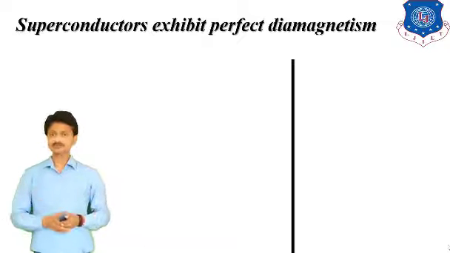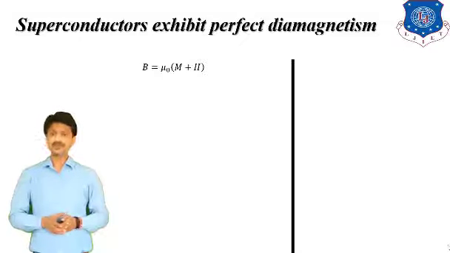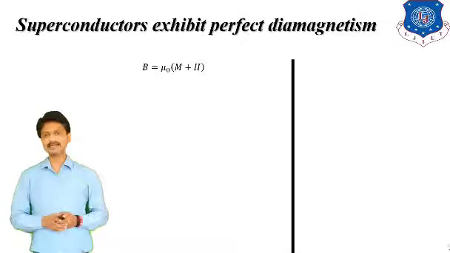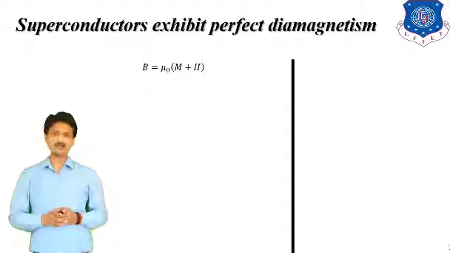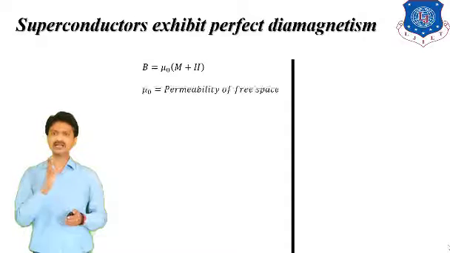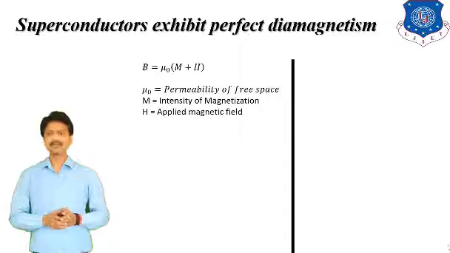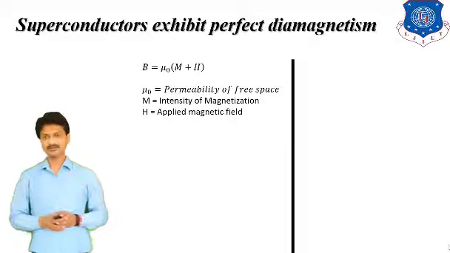Now see in the slide, this is the basic equation of magnetic flux density, that is B equals mu0 (M plus H), where mu0 stands for the permeability of free space, capital M stands for intensity of magnetization, and H stands for the applied magnetic field.